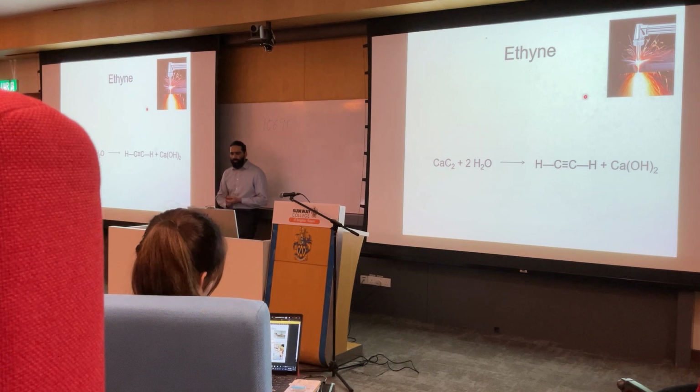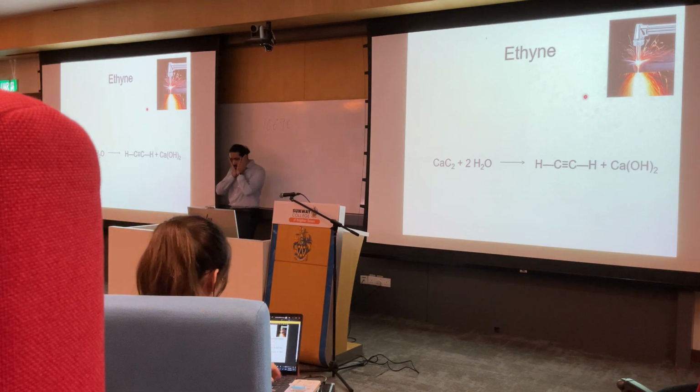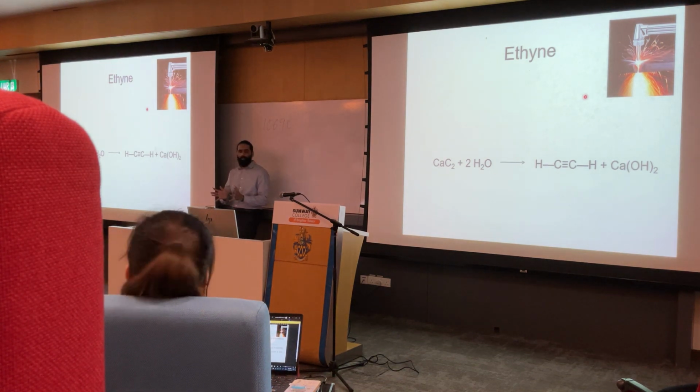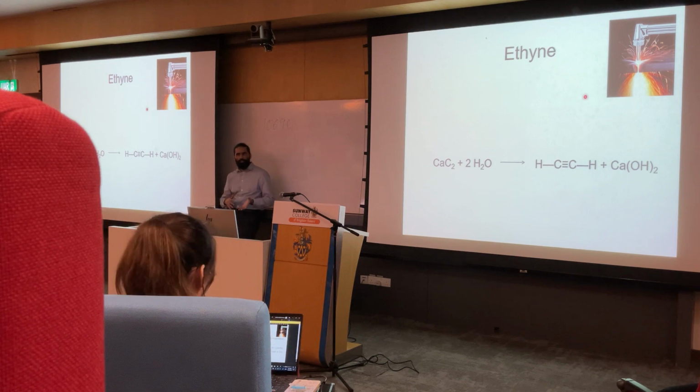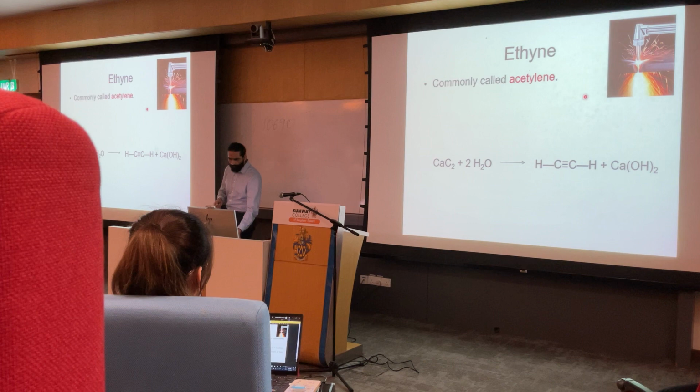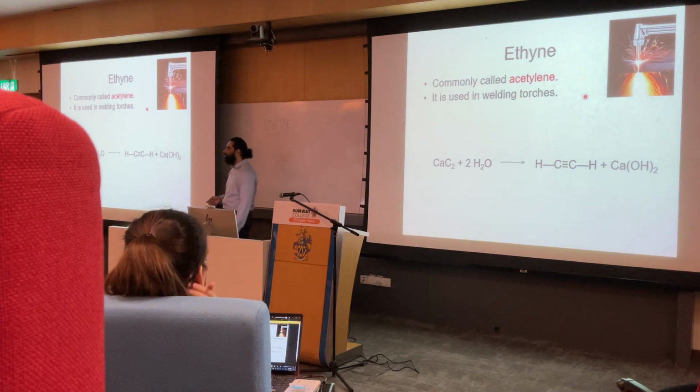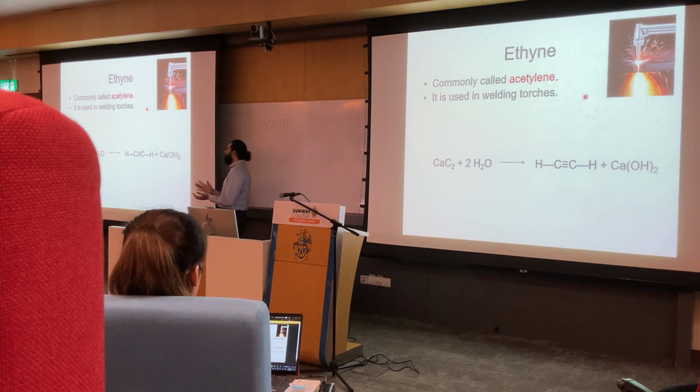The most important application of alkynes used to be in welding, not anymore. So acetylene is the common name of the most simple alkyne, that would be the right way to say it.